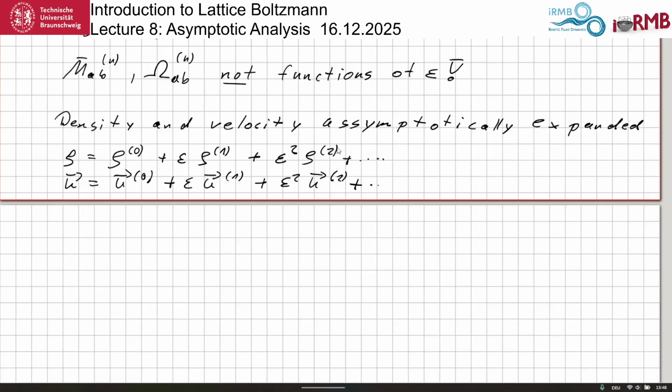Now you notice that fluid dynamics is not straightforward. We have a little bit of a problem. For this sort of expansion, we could potentially expand in several smallness parameters.